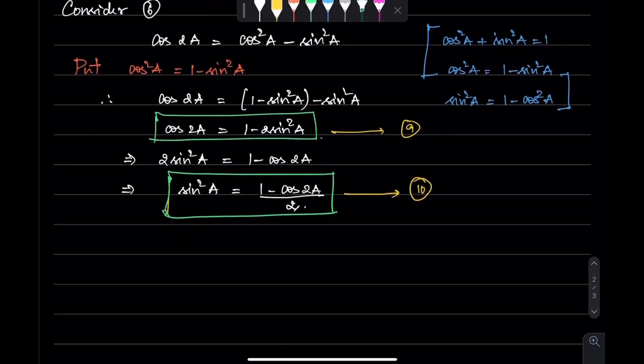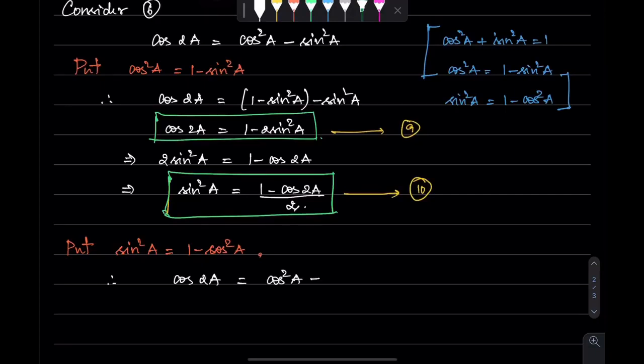Now, if I put sine square a as 1 minus cos square a in cos 2a, so what do I get? See what happens. We get cos 2a becomes cos square a minus (1 minus cos square a).